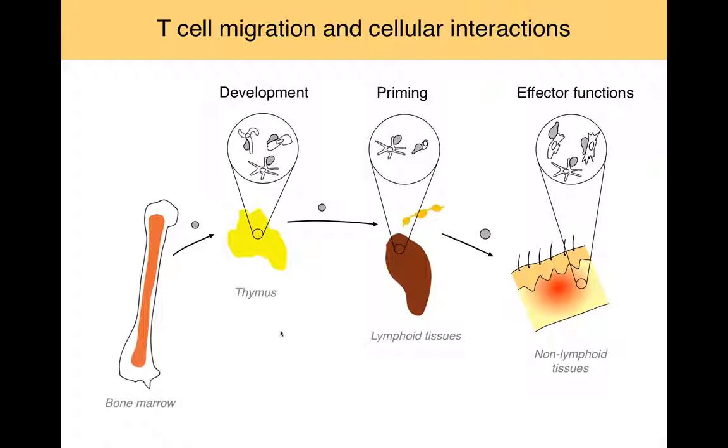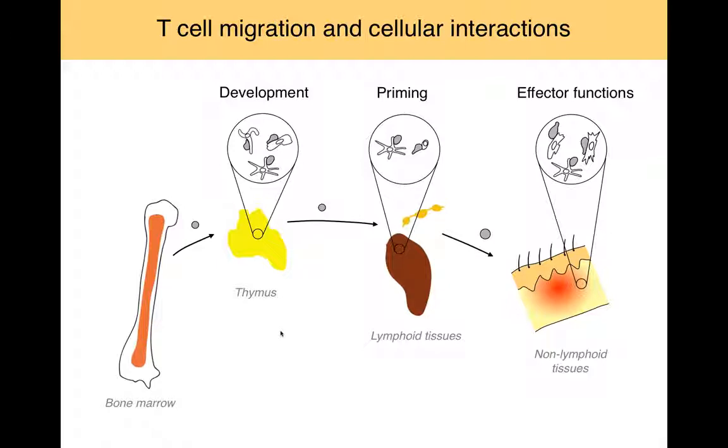And what we study is how they migrate between different tissue environments, like the thymus, peripheral lymphoid tissues, or non-lymphoid tissues, and how they interact there with different types of antigen-presenting cells that provide them with instructive and selective signals that determine their differentiation into effector cells, and that ultimately also control the execution of these effector functions when, for instance, they infiltrate a tumor in a cancer patient, or when they engage with virally infected cells in peripheral tissue.